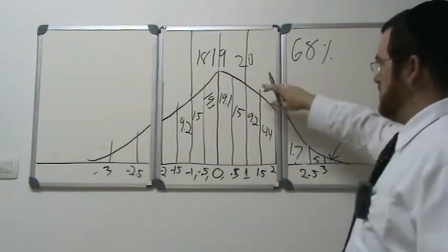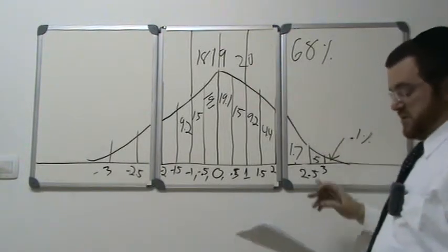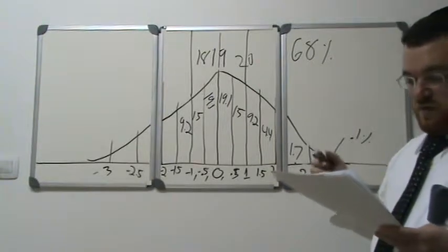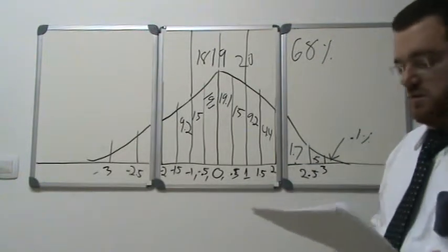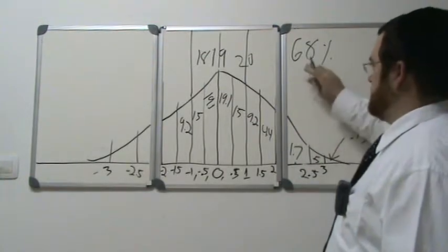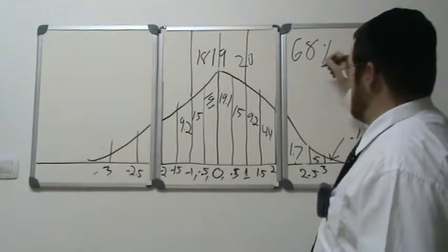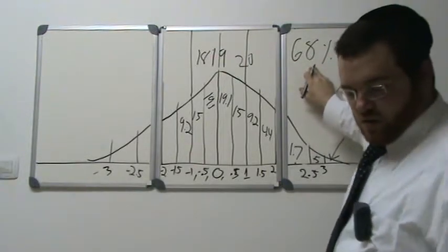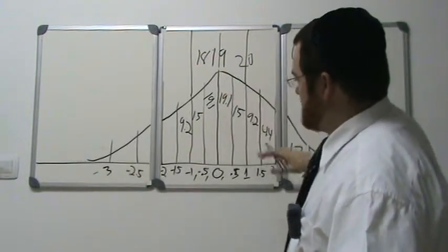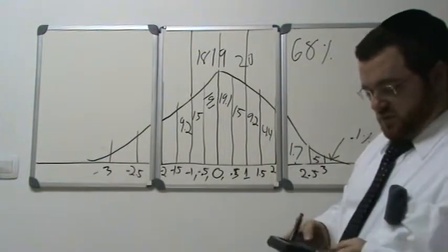Beyond 20 will give you the percentage of first-year college students who are older than 20. The amount in the middle is 68.2%. Within one standard deviation is always about 68%.